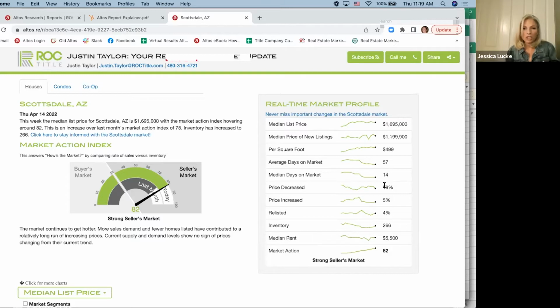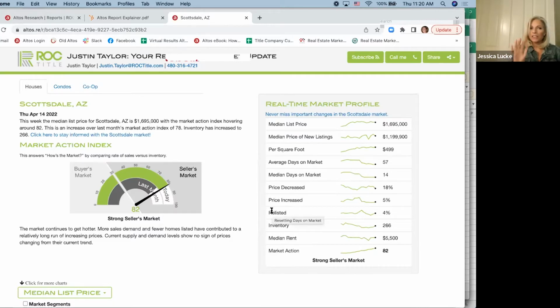So there won't be that shock and awe moment or finger pointing if and when that time comes. Okay. So this statistic can be a really great tool to use and definitely something worth mentioning when you're talking to your clients.